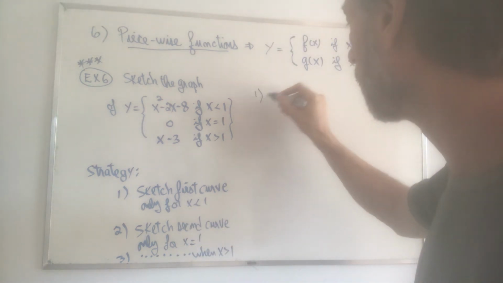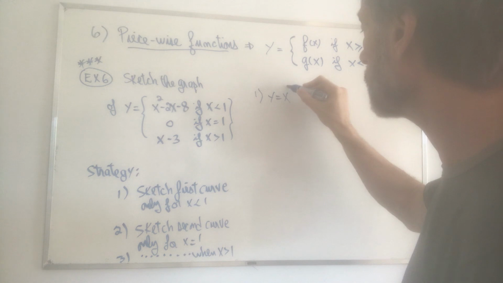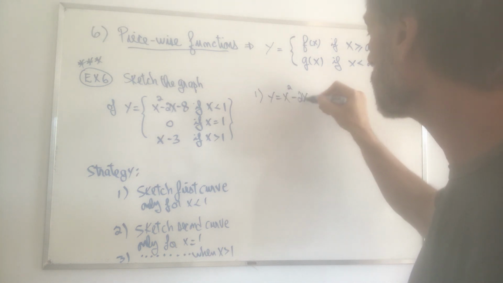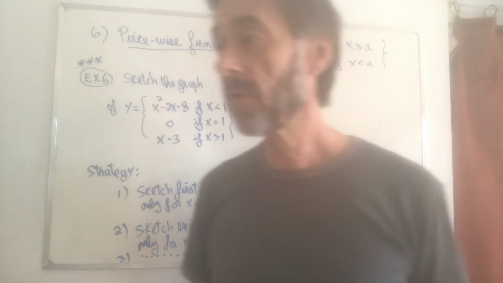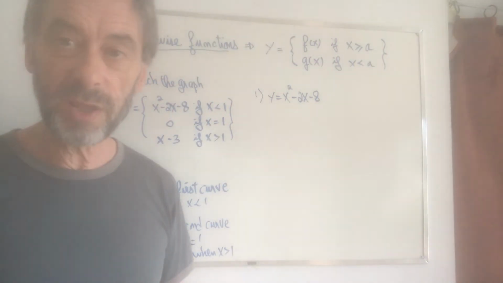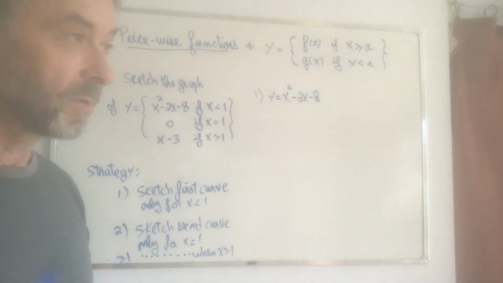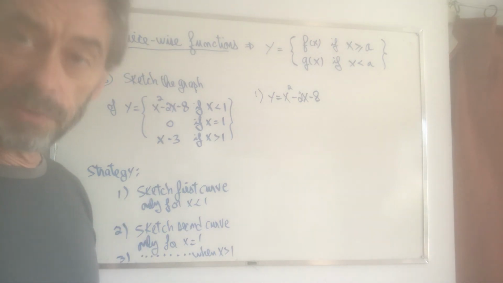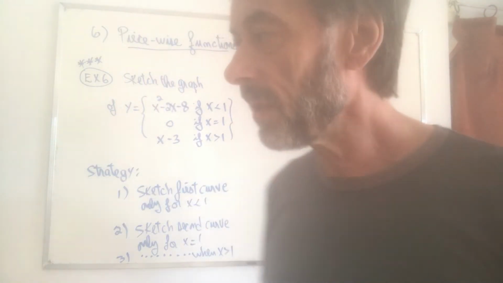The first one, x squared minus 2x minus 8, is a parabola. We've seen how to sketch that in the previous video. Do you remember how to sketch the graph of a parabola? If you don't, you can look at your notes or relook at the previous video. I'm going to go relatively quickly over this.